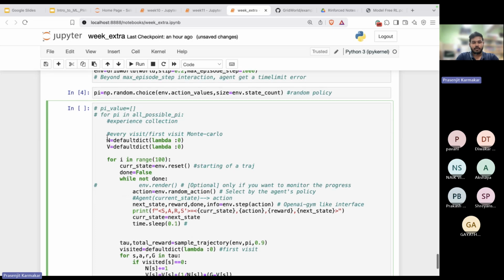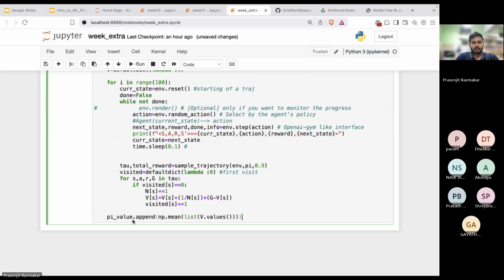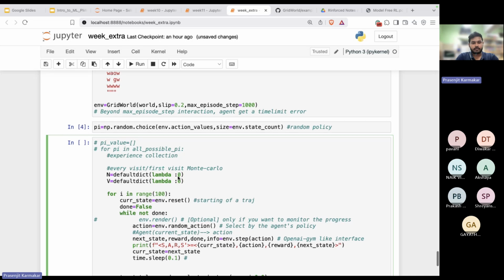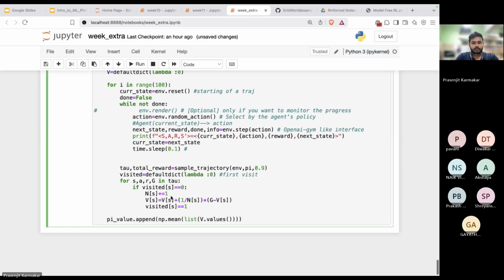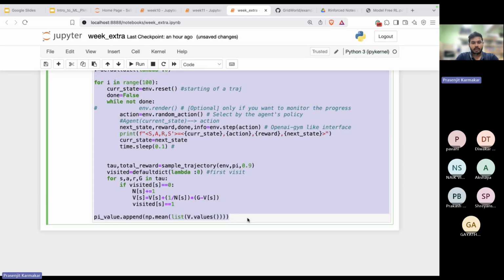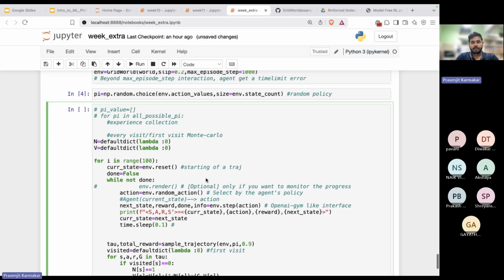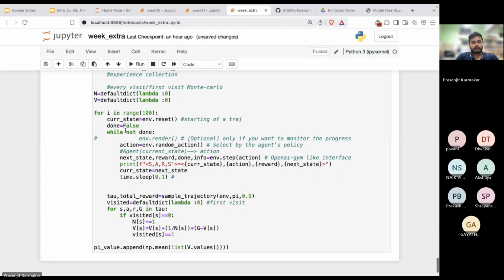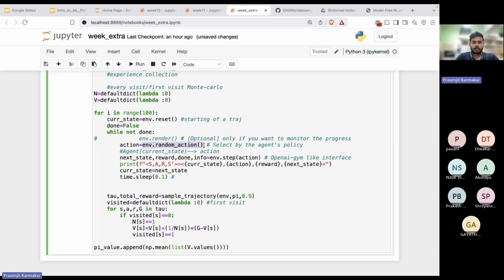I have the policy pi here. While not done, I take an action from the policy pi, for whatever state I'm currently in.